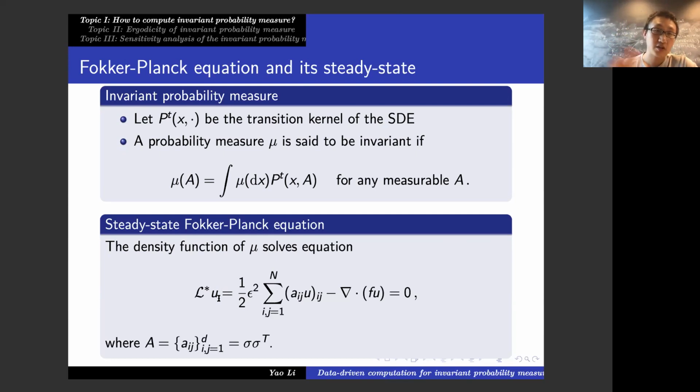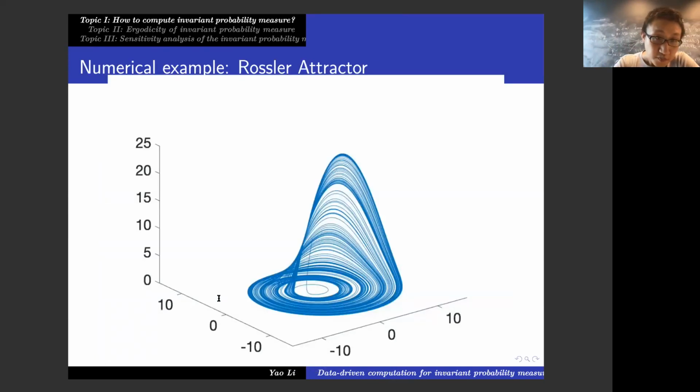Here we just assume that we have existence and uniqueness, because the condition for that is relatively mild. As long as there is some dissipation very far away, you should be good. But again, existence does not mean you know what the invariant measure looks like.